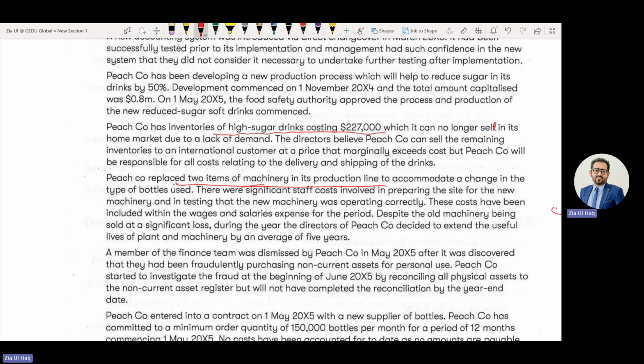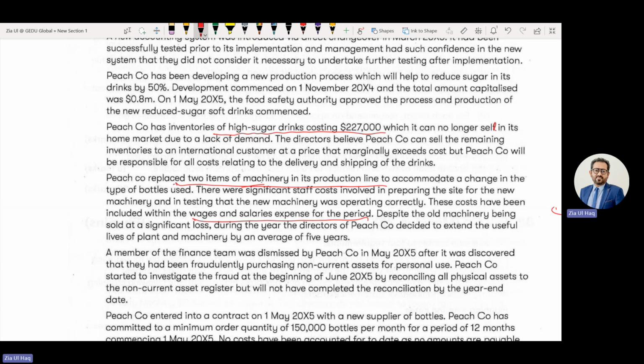And in testing that the new machinery was operating correctly, these costs have been included within the wages and salaries expense for the period. Those costs meeting capitalized criteria must be added to the machinery asset cost, capitalized rather than recorded to P&L. And if, while meeting criteria, the company is expensing them out, chances that asset and profit could be understated and expenses overstated.